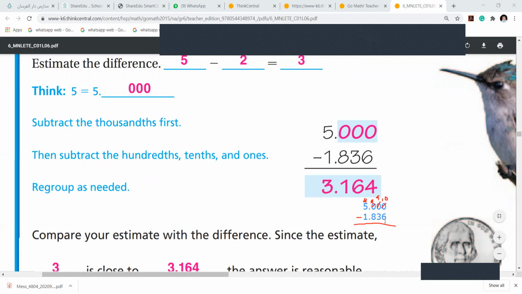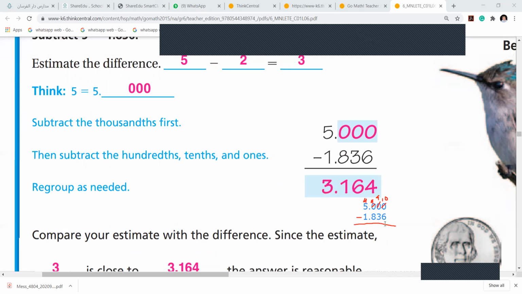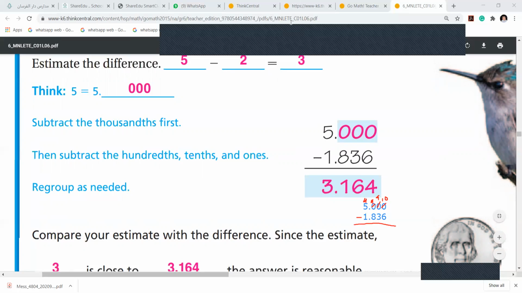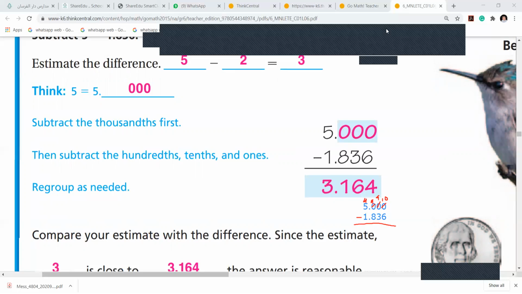3.164. 10 minus 6 has to be 4. 9 minus 3, 6. 9 minus 8, 1. 5 minus 2, 3. Miss, do we write them? Yes, you write it. I think you know about minus. I don't need to explain. This is 10, carry, and so this becomes 9.